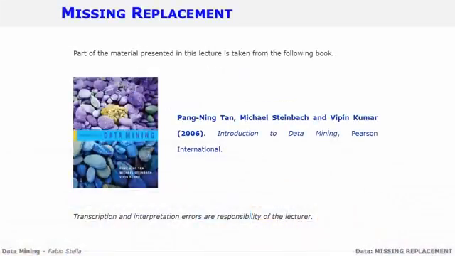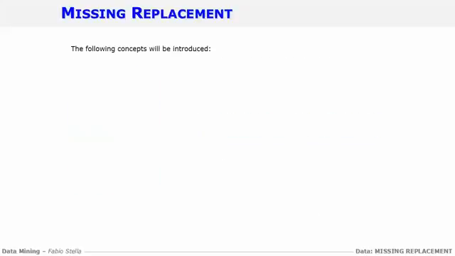Part of the material presented in this lecture is taken from the following book, while transcription and interpretation errors are the responsibility of the lecturer. In this lecture, the following concepts will be introduced.